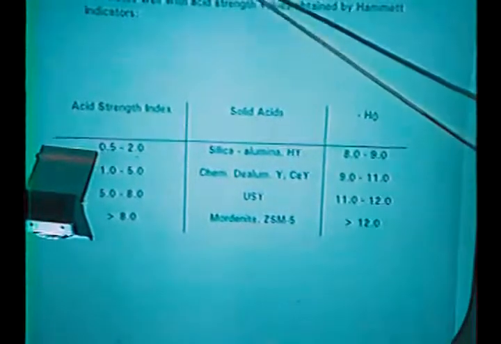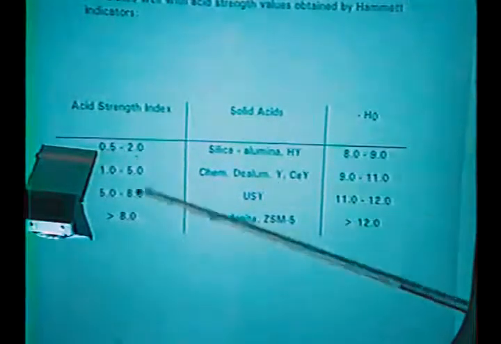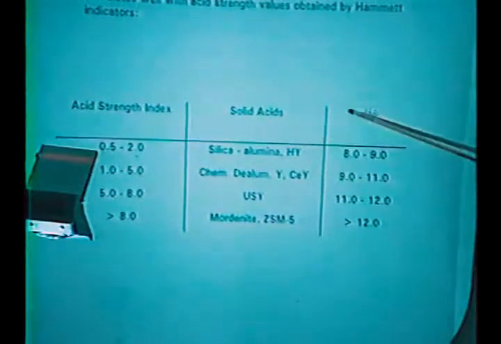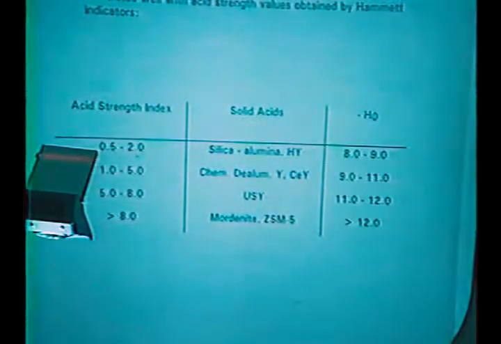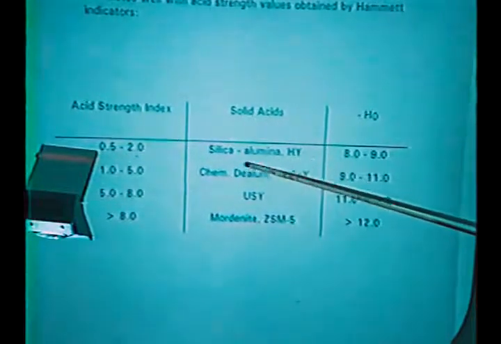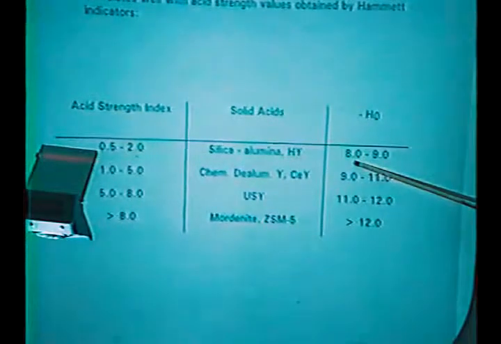And it provides an average measure of acid strength in strong solid acids. And we went to the literature, and the values that we are getting in this column are very comparable to the data that exists, particularly by Keith Hall, where silica alumina and hydrogen Y give us the lowest strength, and they do have the lowest Hammett numbers.